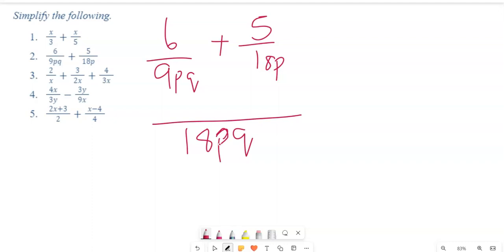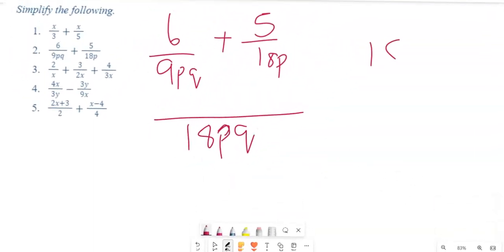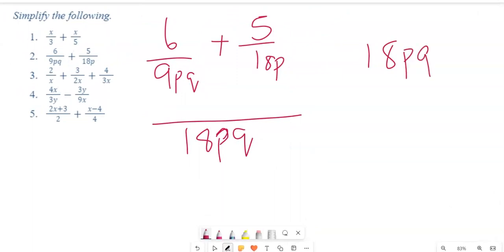Then we go through the regular procedure. We have to divide our LCM by our denominators. So it would be 18PQ, I'm going to do it on the side for visual, divided by 9PQ.